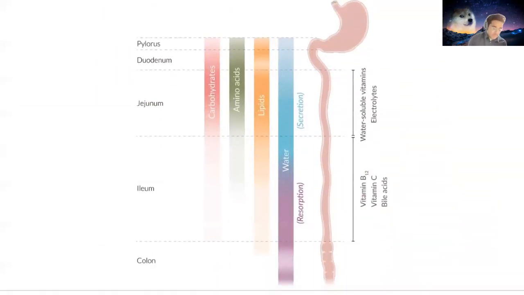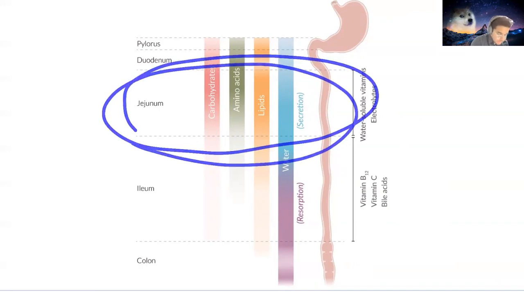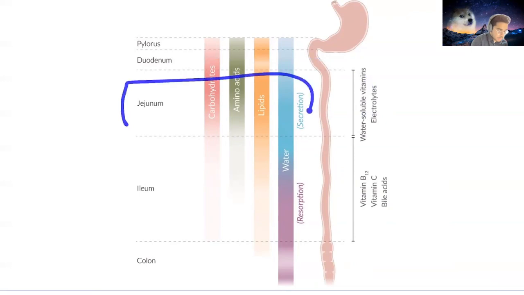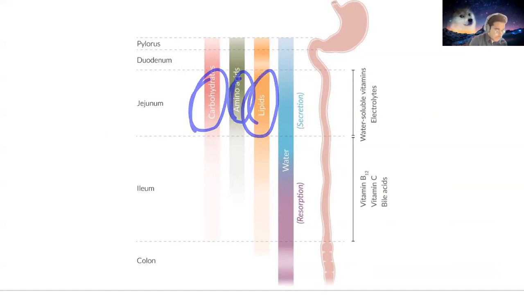Okay, this is a very broad overview of the absorptive components. As you guys can see, a good chunk of the stuff gets absorbed in the jejunum. The duodenum is basically helping you set up the process by which you are doing a lot of absorption of components such as carbohydrates, amino acids, and lipids in the jejunum, right?